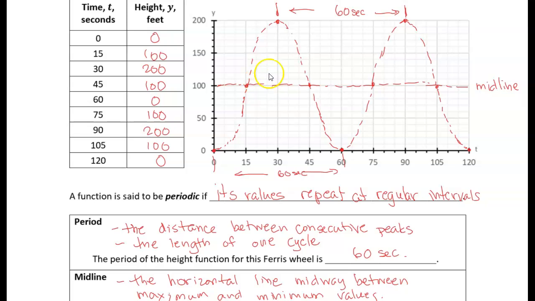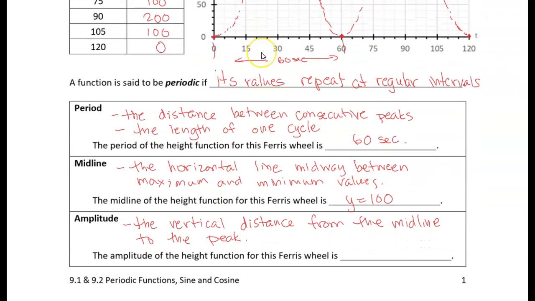Midline to the peak, so we're looking at this distance right here. Our midline's at 100, the peak is at 200, so the amplitude is 100. So the amplitude of this height function for our Ferris wheel is 100 feet.